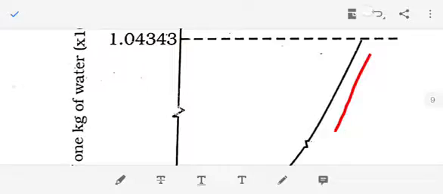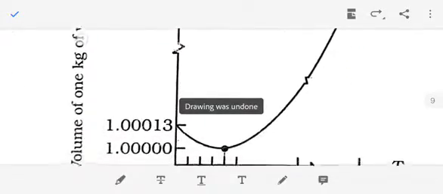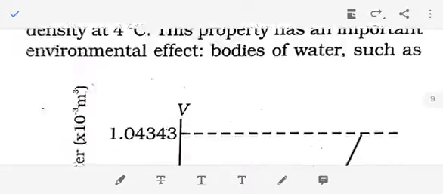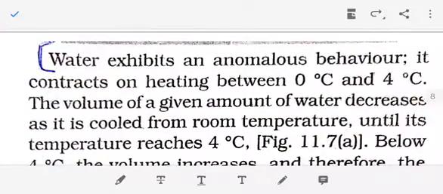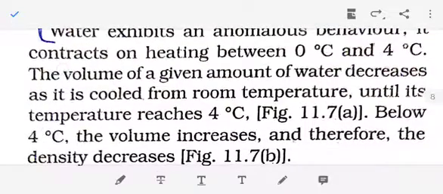As we are decreasing its temperature, its volume decreases till 4 degrees Celsius. So the volume of the given amount of water decreases as it is cooled from room temperature until its temperature reaches 4 degrees Celsius. So it will be cooled down until its value reaches 4 degrees Celsius only.